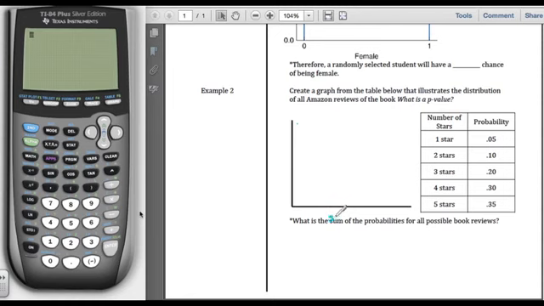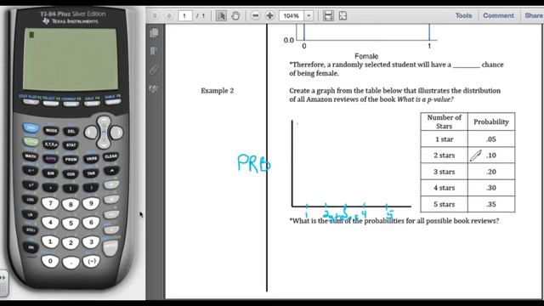Across the bottom here, I'll label this as the number of stars for that review. So we'll have 1 star, and 2 stars, 3 stars, all the way up to 5 stars. Along the side, I'll have my probability.